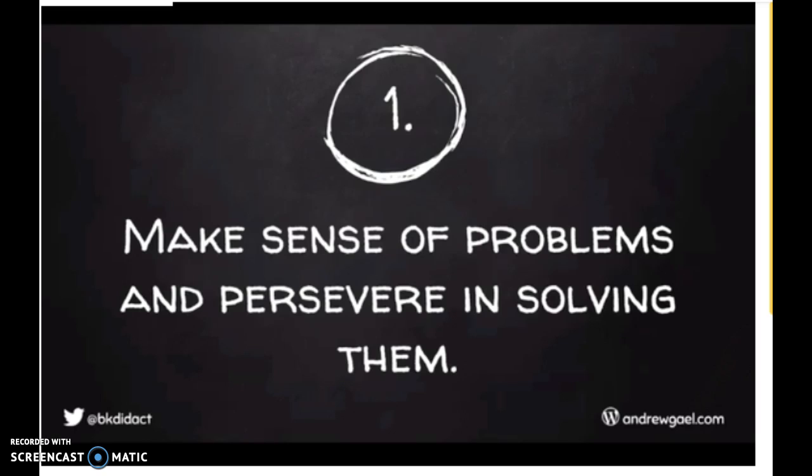And I know a lot of people sort of focus on the problem types when it comes to CGI, and those are very important. Those are connected to specific content that one would teach in an elementary classroom. But this presentation is going to focus on this much more broad standard, making sense of problems and persevere in solving them, which CGI also addresses.